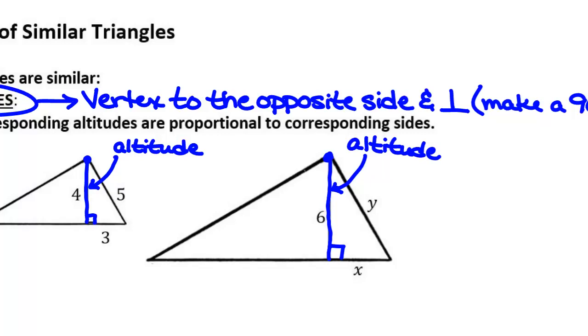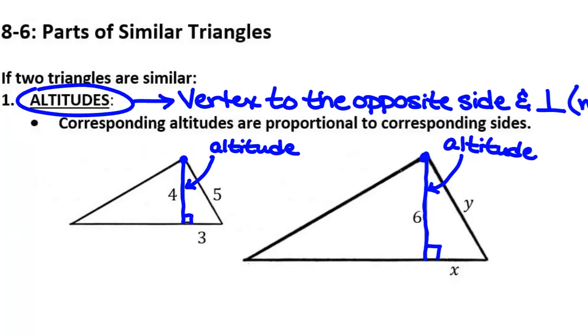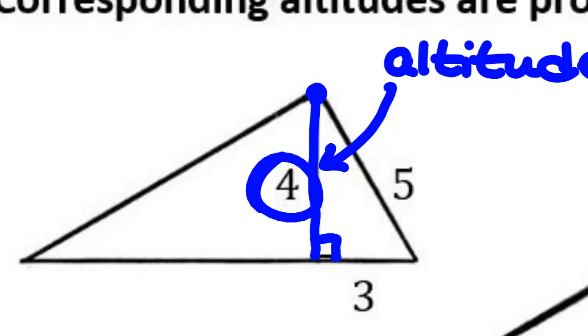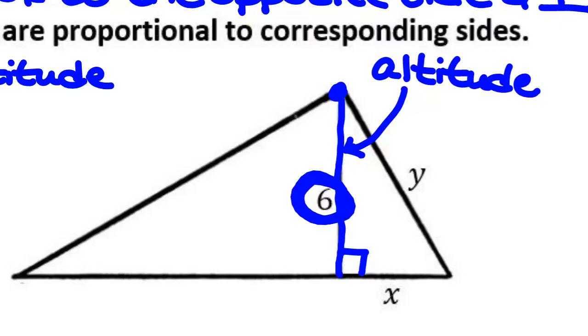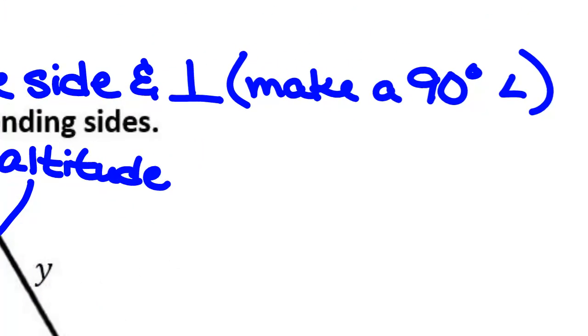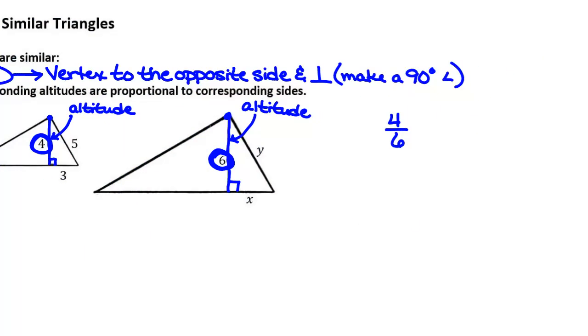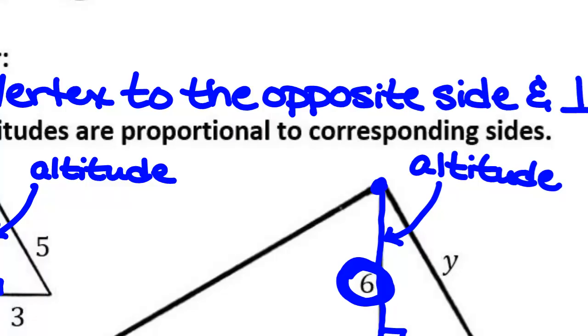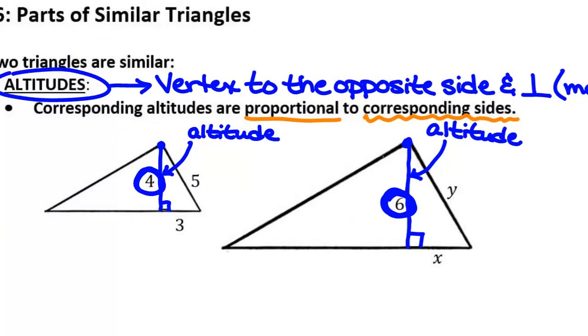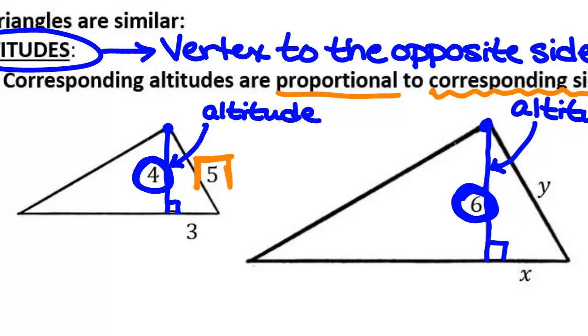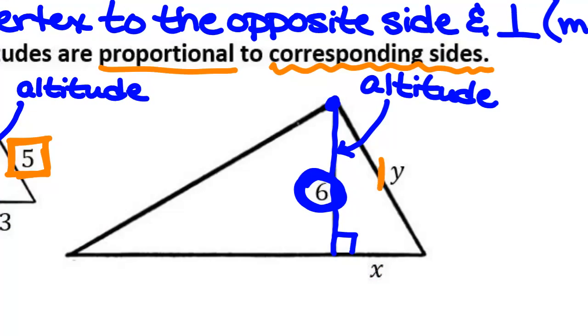The corresponding altitudes are proportional to corresponding sides. So I see that one of my altitudes has a length of 4. The other altitude has a length of 6. So I can make a fraction 4 over 6. It says it is proportional to corresponding sides. So that could be these two sides, the 5 and the y.